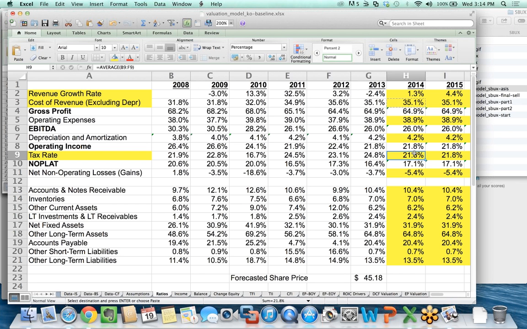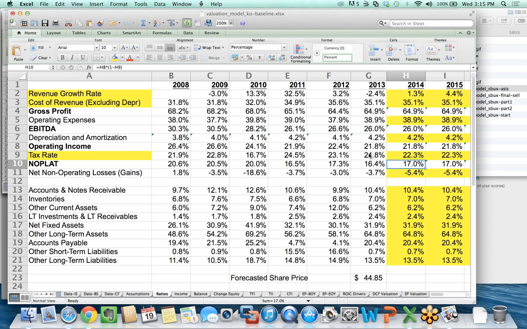Well, for Coke, it doesn't appear that they have any truly outlier years, with maybe the exception of 2010. But in this case, what I'm going to do is an average tax rate for the previous 6 years. So I need an expected tax rate on a go forward basis. And I'm going to say that I think 22.3, which is the average of the 6 years, as I look at the other years, does not look to me to be unreasonable.